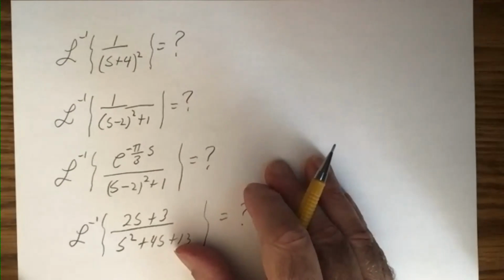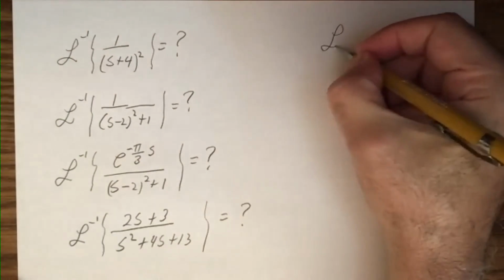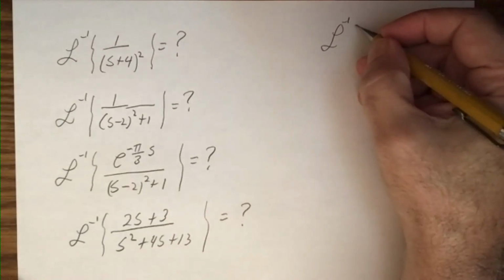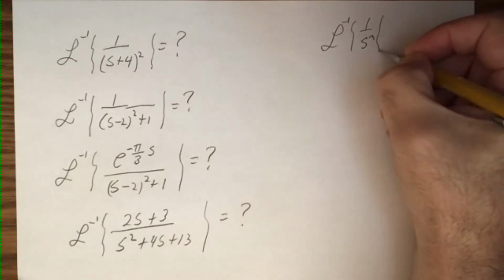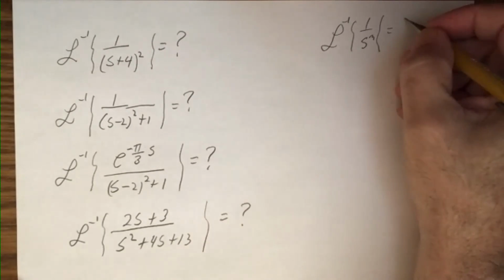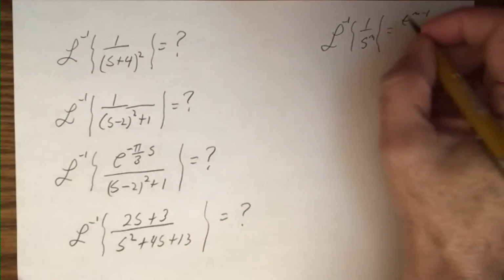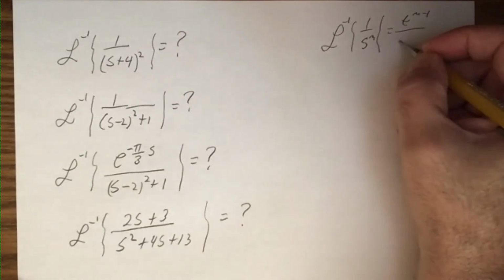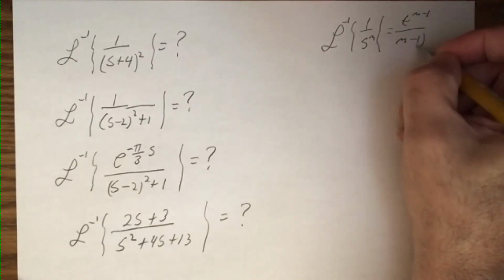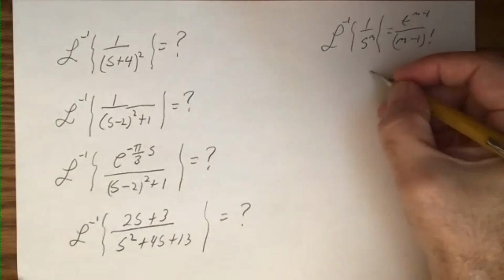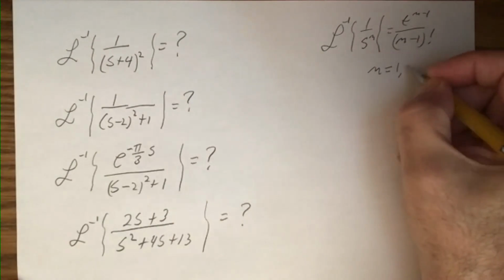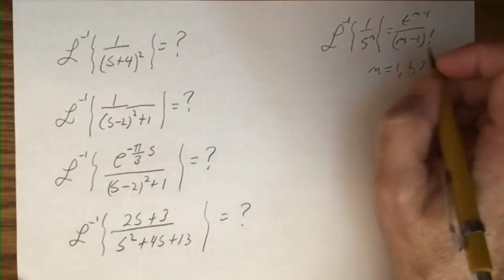By the way, I did add this to my notes that sometimes it's easier to use this, as far as the inverse. Right. Where now in this case here, n goes from 1 to 2 to 3, dot, dot, dot.